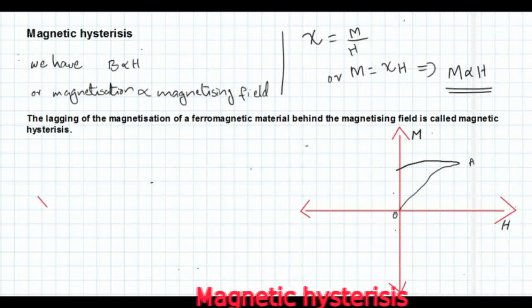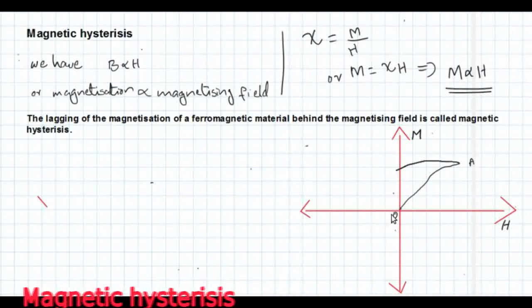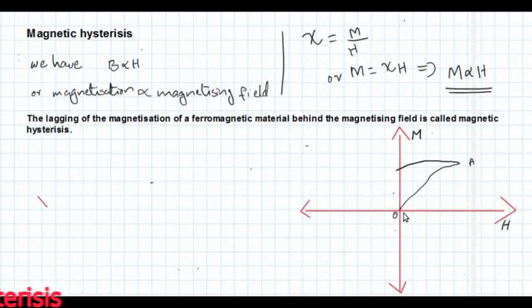Now we are reversing. From this point, O is the origin, if we move towards the left, the value of H is reversed. When we reverse the magnetizing field, there is still a magnetization for the ferromagnetic material.